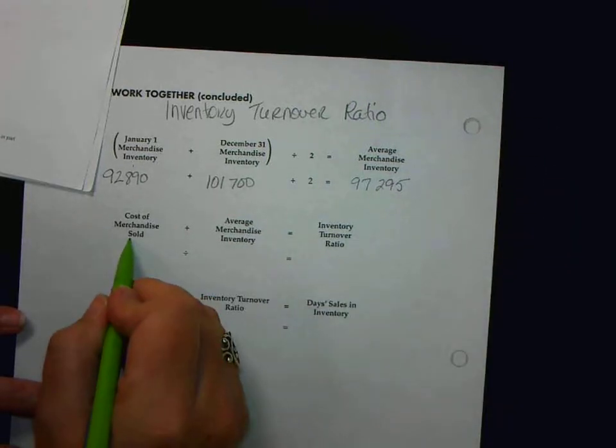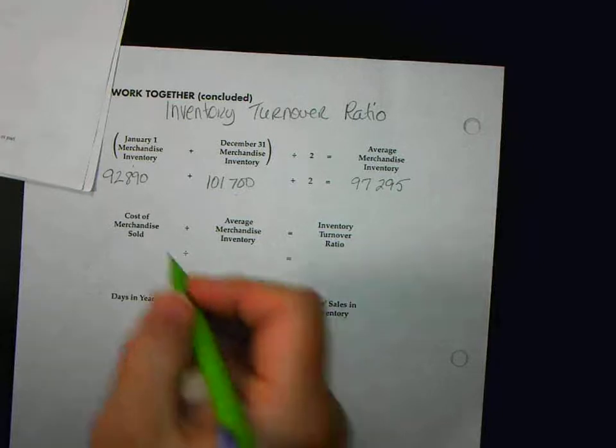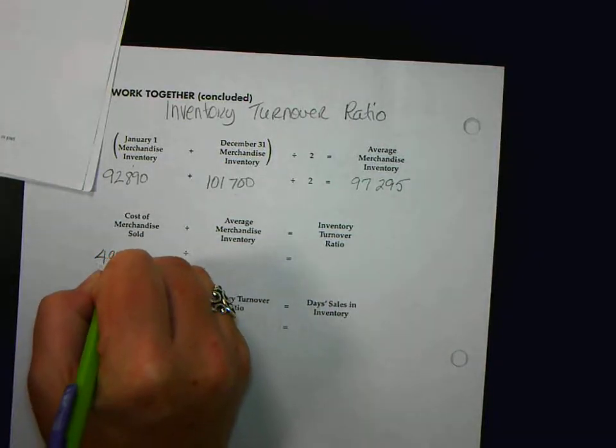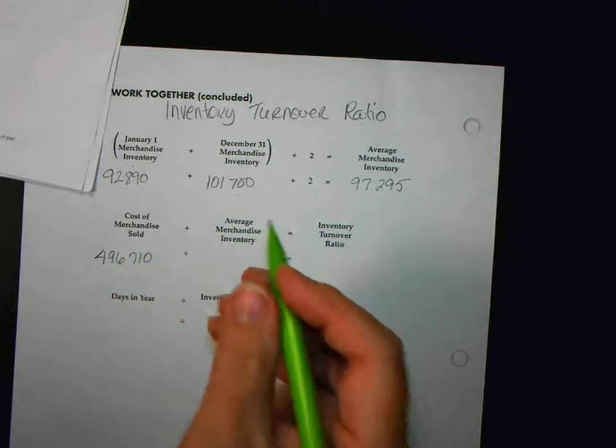Okay, then we take the cost of the merchandise sold, and they give us that as well because this is, again, for the whole year. So 496,710.